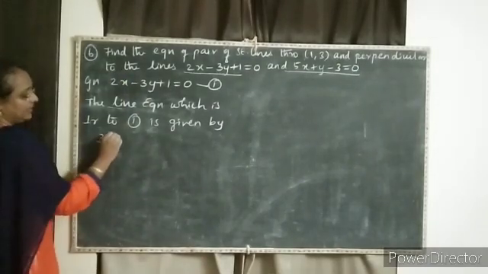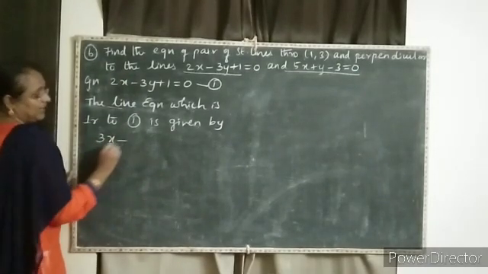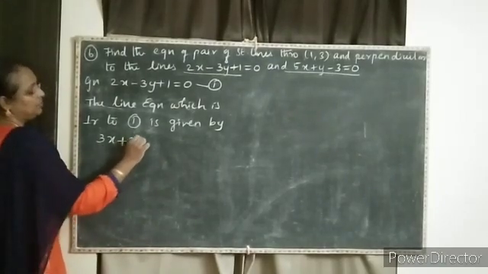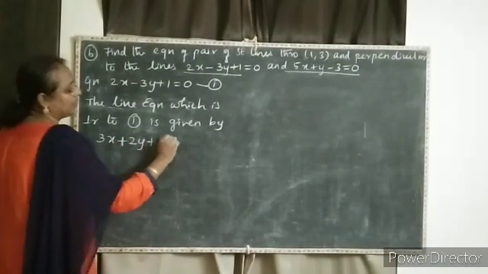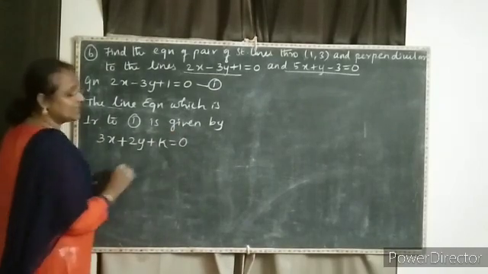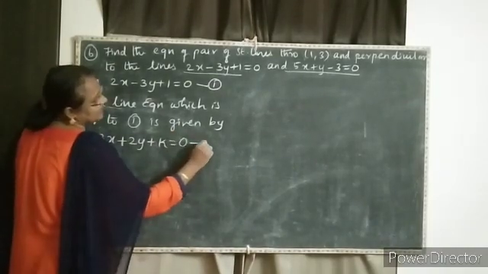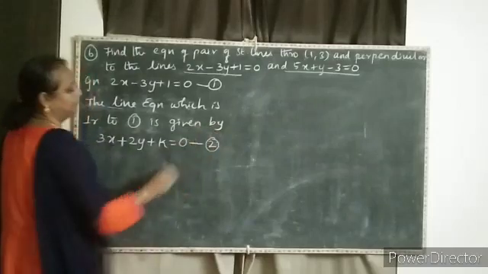So now this becomes 3x, minus into minus will become plus 2y plus k is equal to 0. Did you get this? So now let us take this as the second equation.